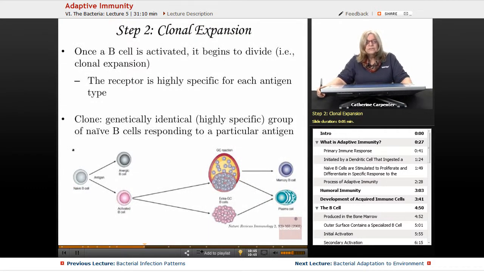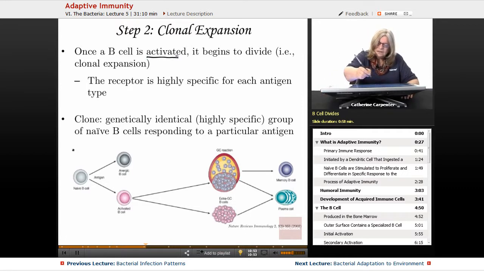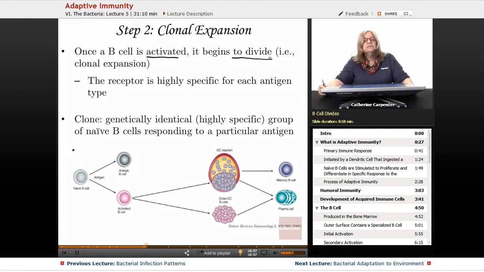So the clonal expansion. Once the B cell figures out the unique shape of the antigen, it activates and it begins to divide. And the way in which it divides is it divides into new B cells, all of which remember the shape of that antigen that encountered the initial B cell.